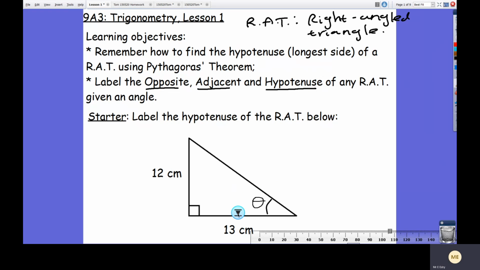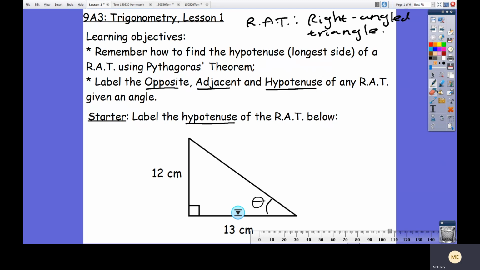So for the starter, what I'd like us to do is to label the hypotenuse of the right-angled triangle below. If you want to give it a go yourself, you can pause the video, have a go, and then resume it anytime. So I'll give you a chance to do that now. Okay, so what we should remember is that the hypotenuse is the longest side.